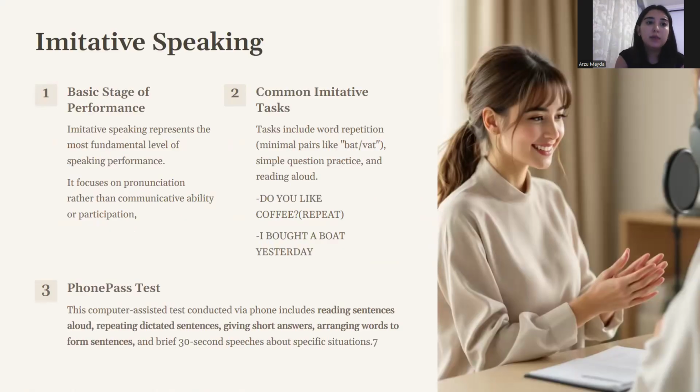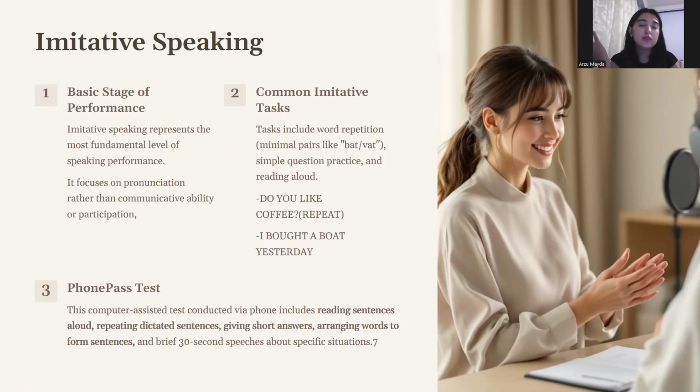Then, when we look at imitative speaking, we can say that imitative speaking represents the most fundamental level of speaking performance. It focuses on pronunciation rather than communicative ability or participation.